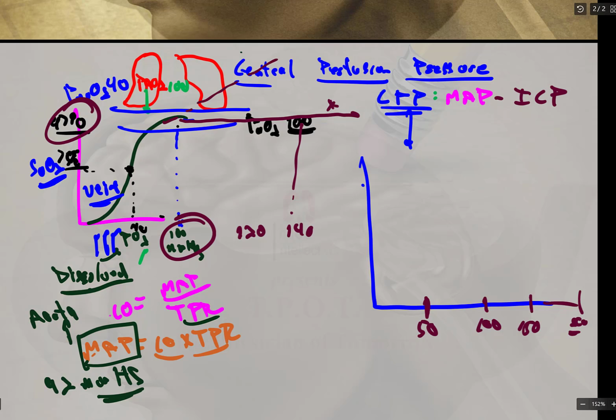And we will say that if the x-axis is PO2 again, so this is all millimeter mercury, and there are going to be various factors here, on the y-axis we will then have cerebral perfusion.